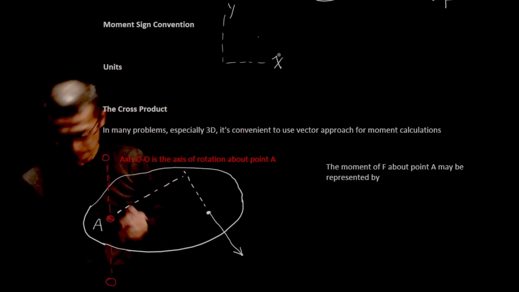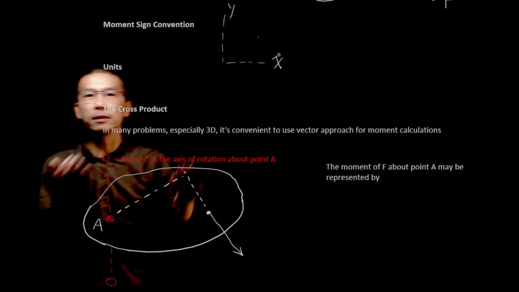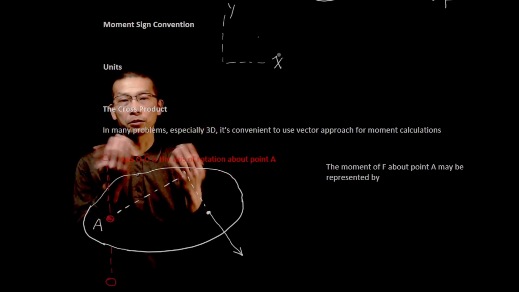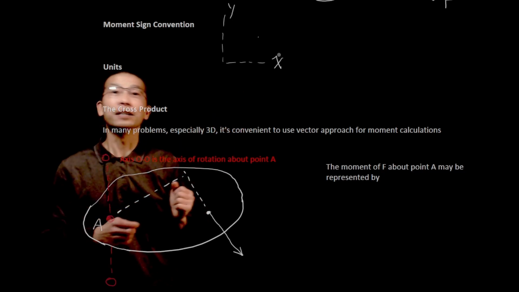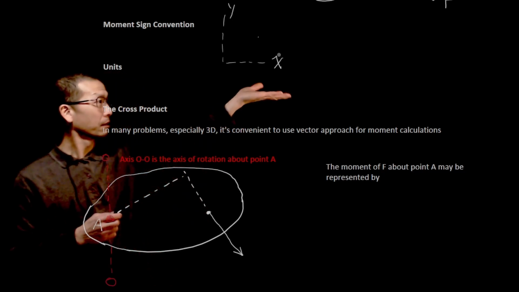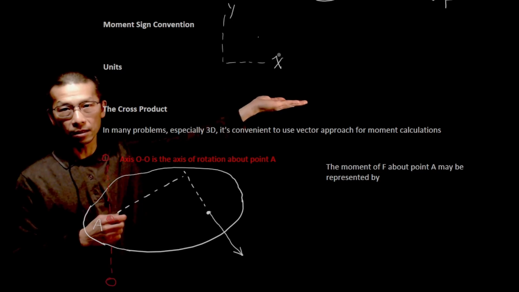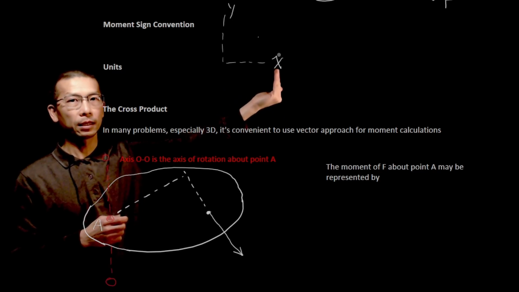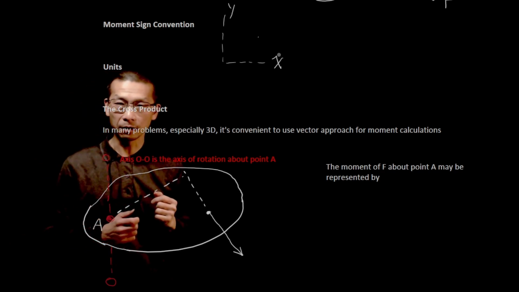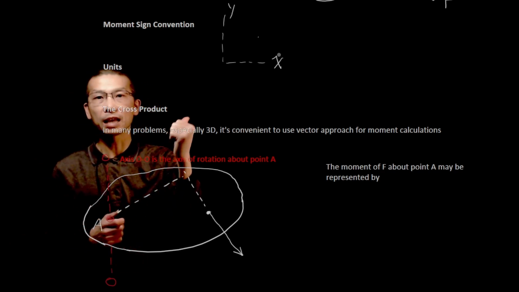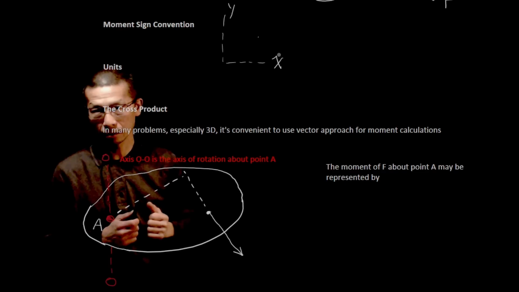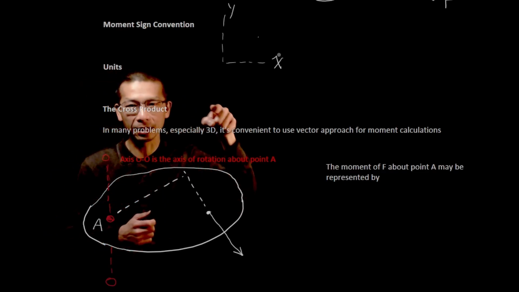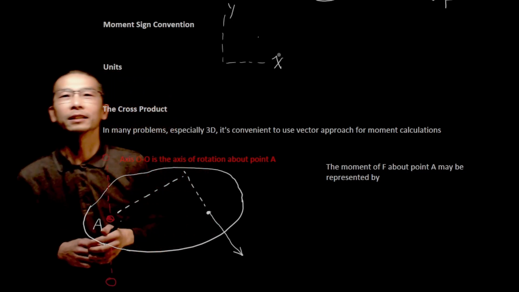Because we're doing these videos, everything is mirrored, so you have to be careful. Just try yourself. Your finger is pointing to x, and then wrap towards the y. If you do that, following my direction, you will find your thumb is pointing out of the plane, which I should point in the opposite direction so you feel like I'm pointing out of the plane.